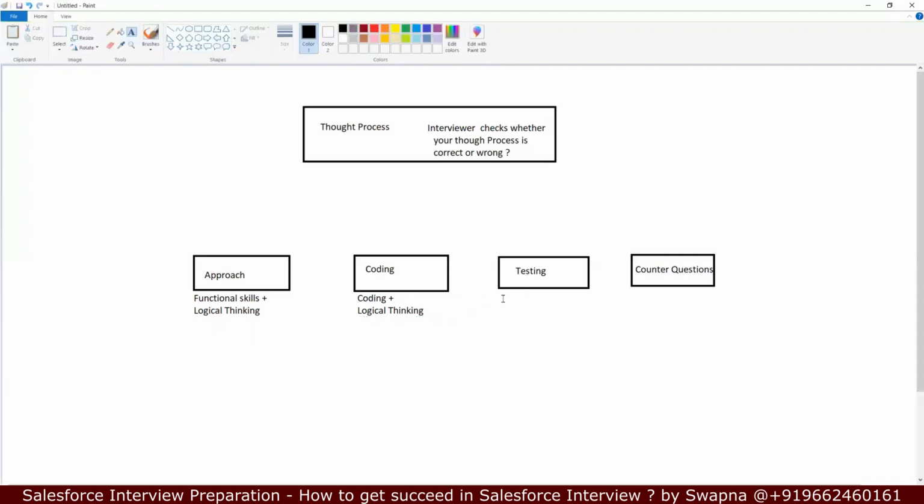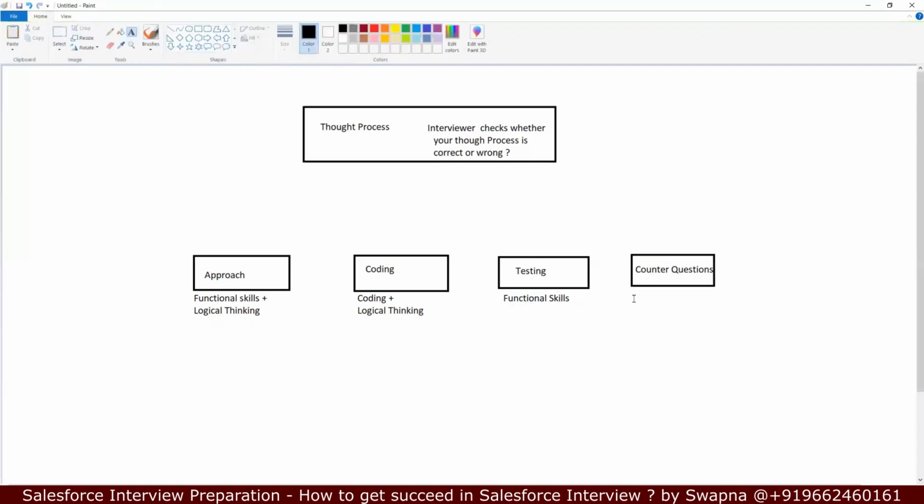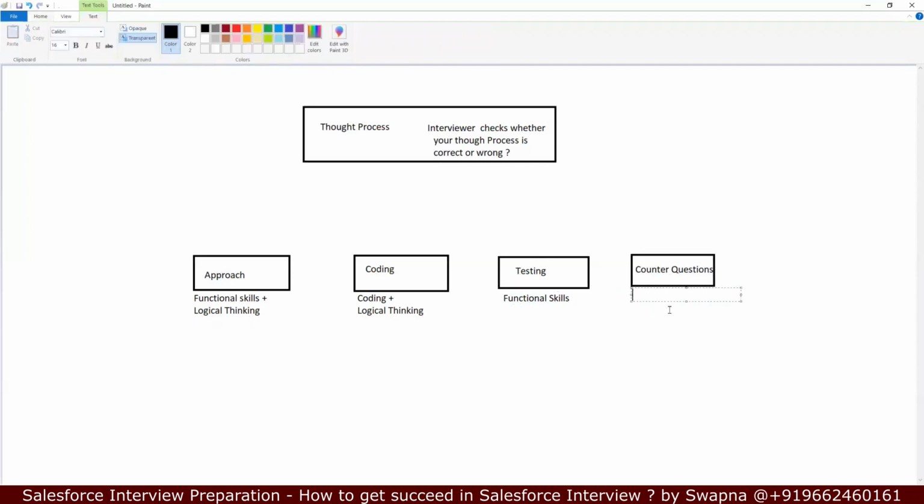And testing is purely functional skills. That means if we know our functional skills, only then can we identify different scenarios for testing. And the next one is counter questions. Counter questions are a combination of technical skills and communication skills. This is very important.